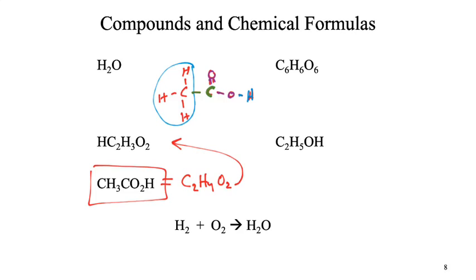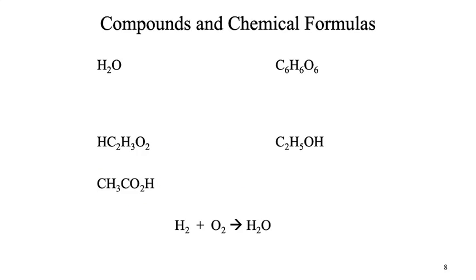Okay? Last one. What's different about the last one? It's got a plus sign in it. Are we looking at just a chemical formula? No, what are we looking at? I'm looking at a chemical equation. What's the organization behind how I take different chemicals and react them with each other?